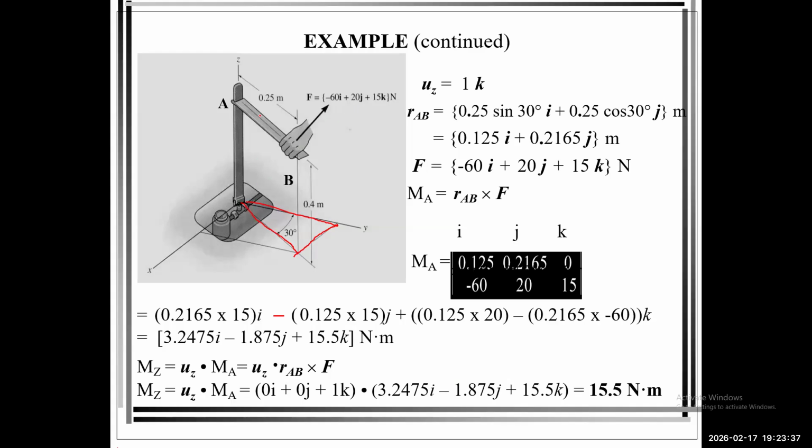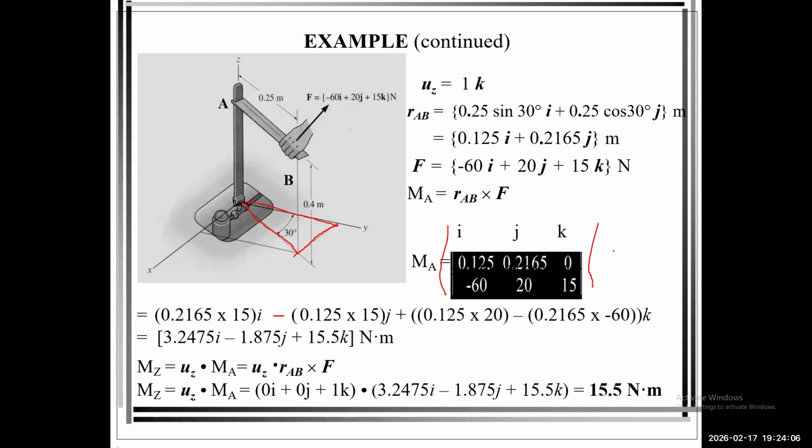You could go ahead now and find a moment about A. So this A is on your axis here, your Z axis. So you can find a moment about A. Moment about A is going to be RA times F. And simply, this is your matrix. All right? Your matrix has I, J, K in the first row, sorry.